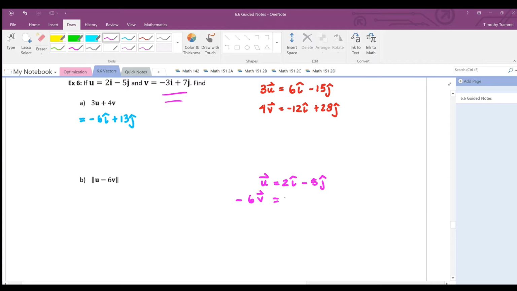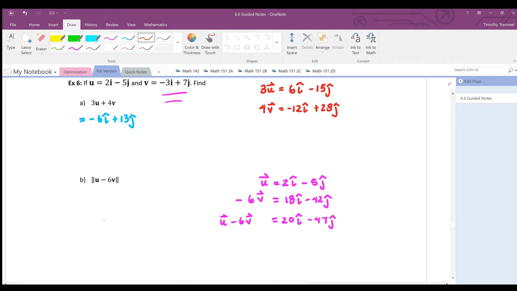So that's 18i, and then minus 6 times 7, so that's minus 42j. And so u minus 6v should just be the sum of these two vectors up here. So that's 20i minus 47j. That's what we're going to find the length of here.